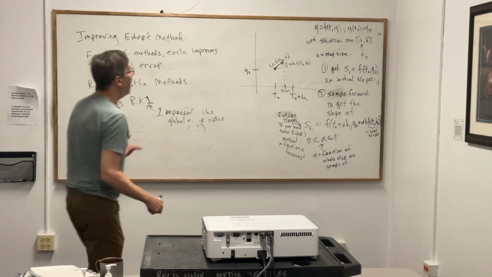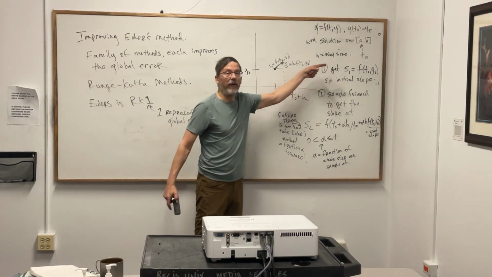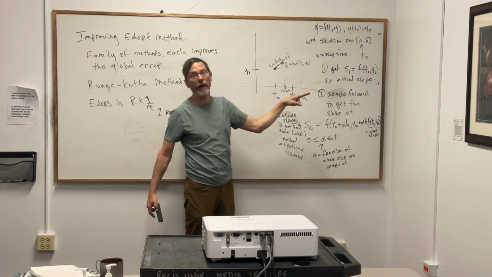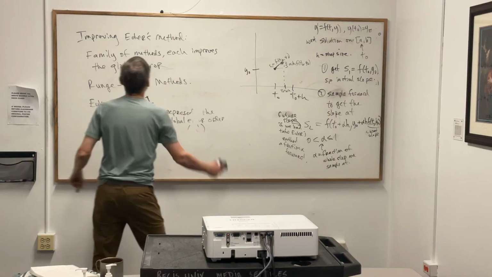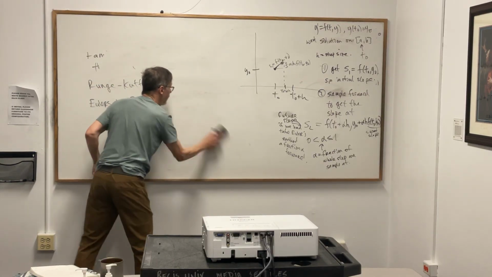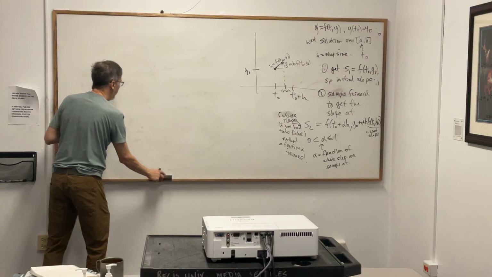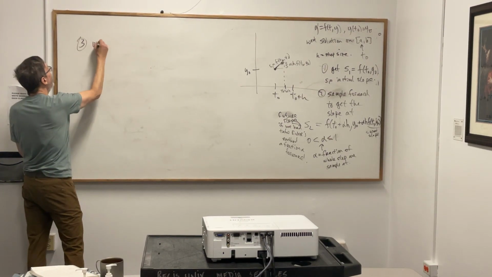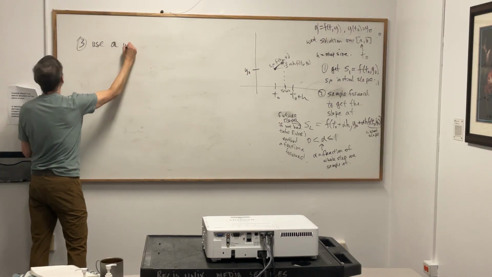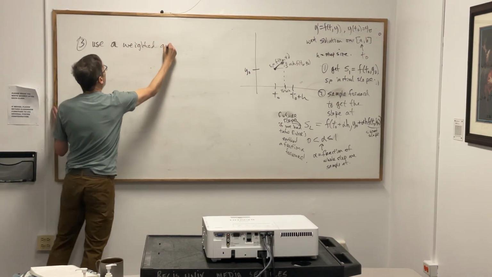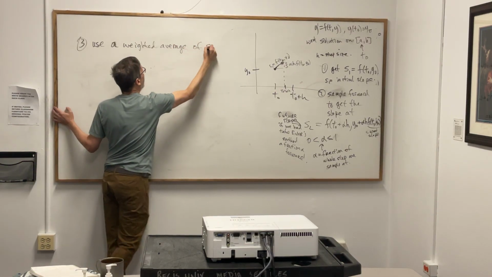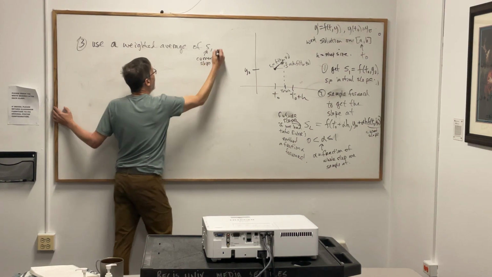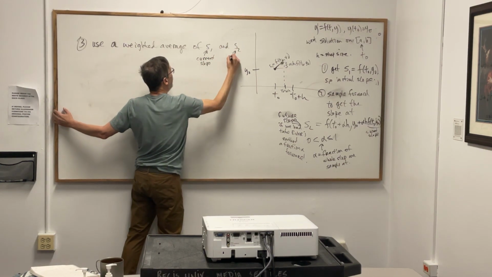What we're going to do is take a weighted average of the current slope with the future slope and use that as the direction we head. So in particular, step 3: use a weighted average of S1, remember that is current slope, and S2, this is future slope.